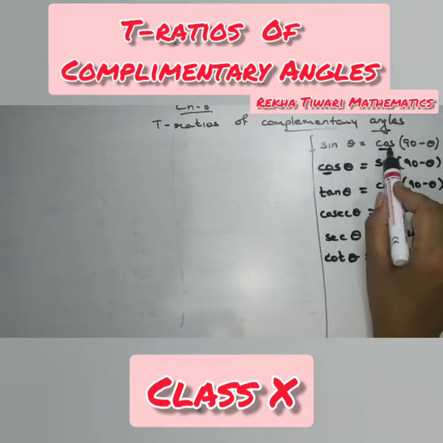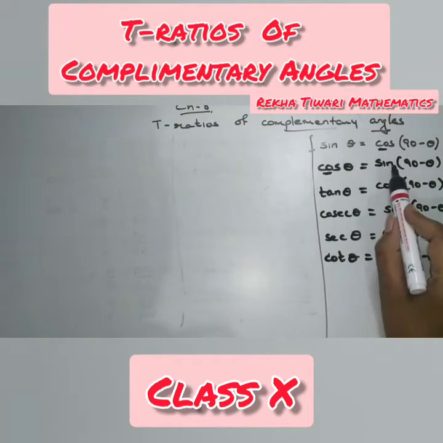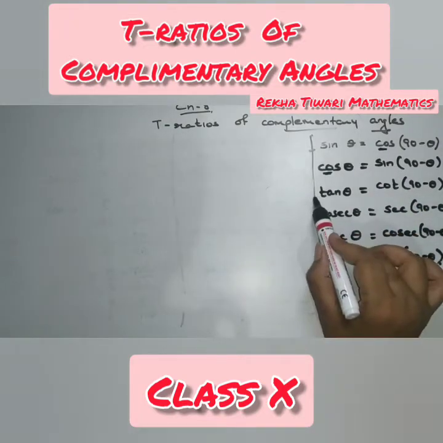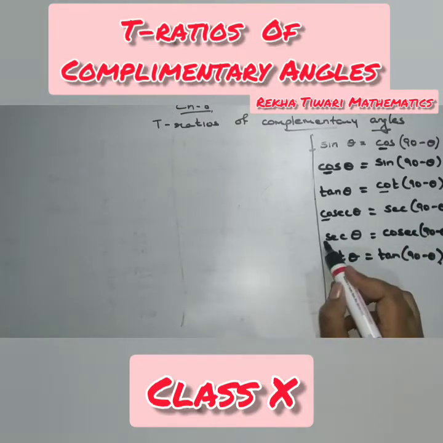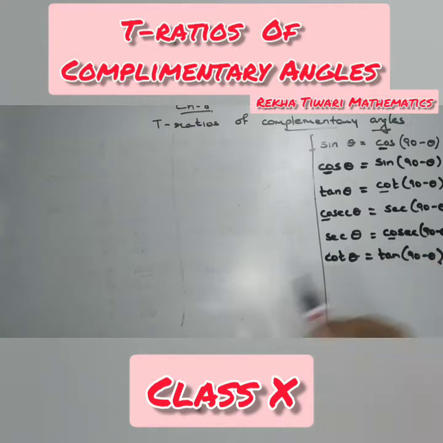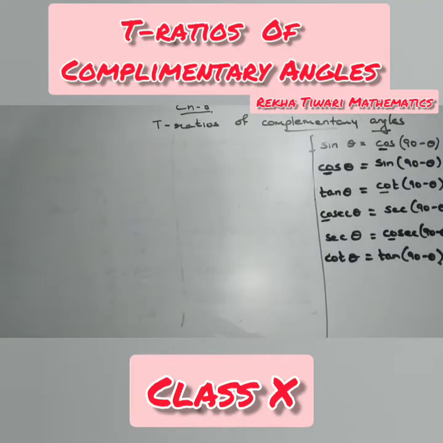So sin becomes cos, cos becomes sin, tan becomes cot. See here, co is not there, so I have included co here. Here in the left hand side co is there, remove co. Co is not there, put down co. Okay, this is the way of learning. The rest you will be able to recall each and everything very fast by practice only.